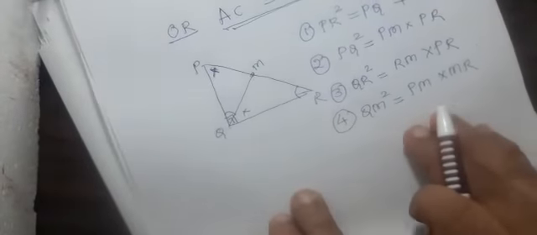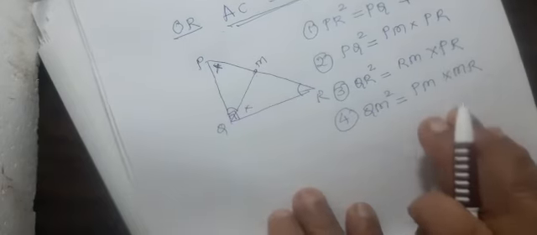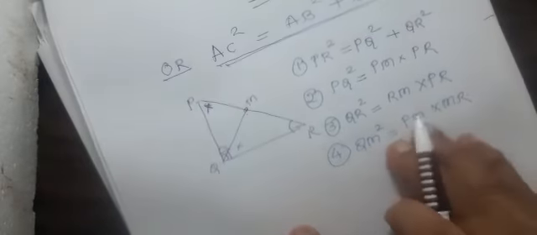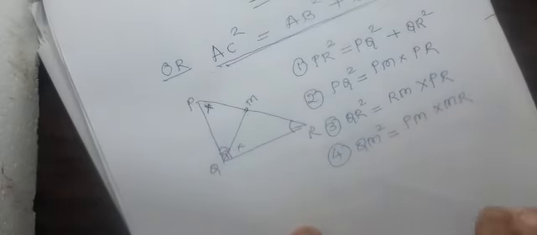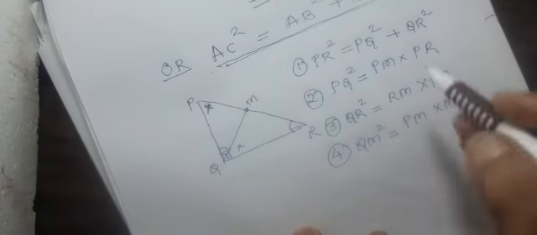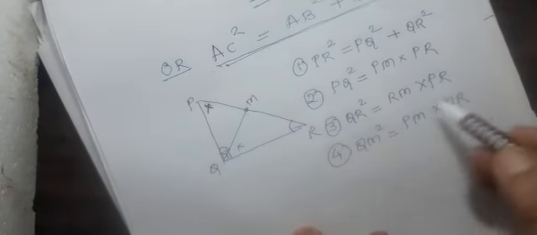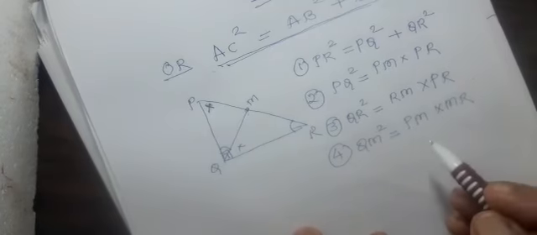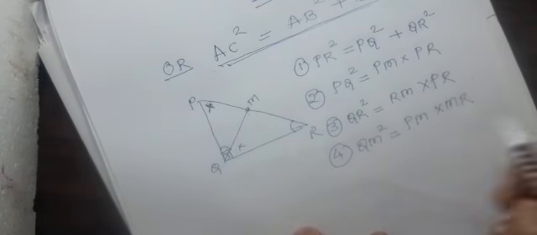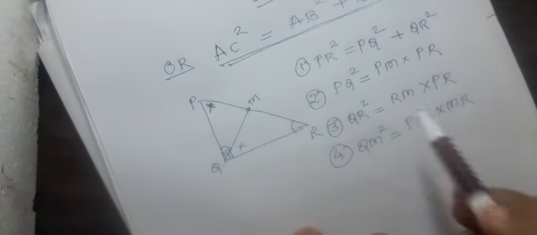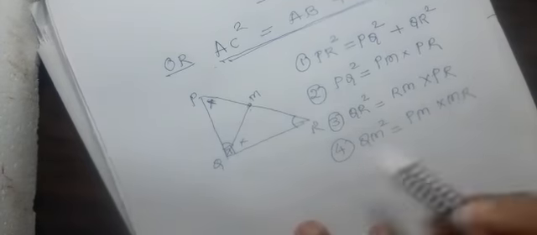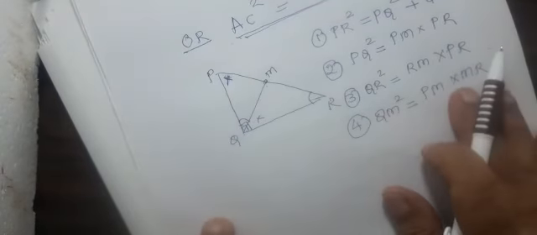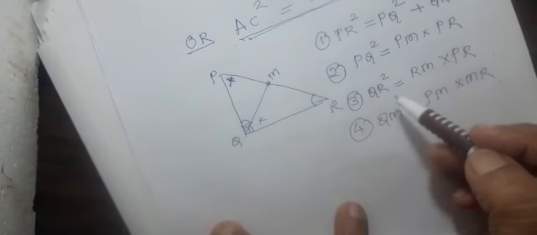Now these are the 4 formulas which you should know very well in this part of the Pythagoras theorem, because depending on these formulas, they will ask you some problems. In some problems you may have to use these formulas. So you must be thorough in writing all these formulas.